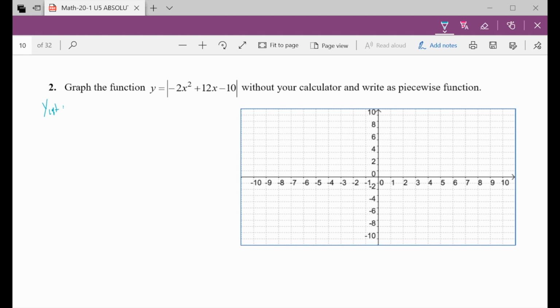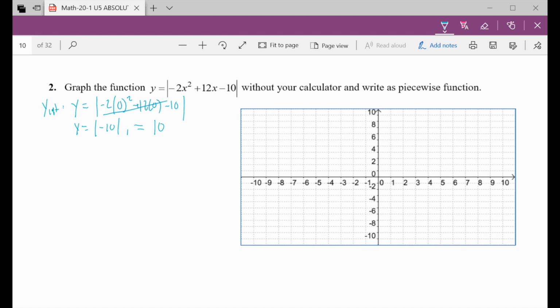So y is going to be equal to the absolute value of negative 2 times 0 squared plus 12 times 0 minus 10. All of this is just going to be 0. So we're left with y equals the absolute value of negative 10, which equals 10.